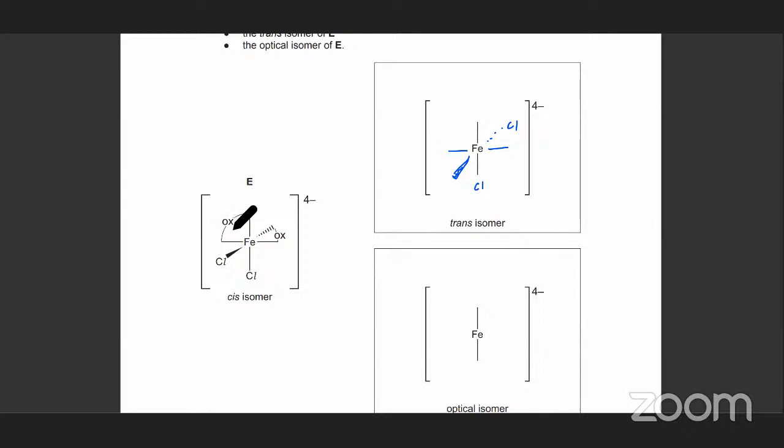So this OX, this is a bidentate ligand he's showing. This OX would switch side. So it would be over here now. And there's going to be an OX over here.